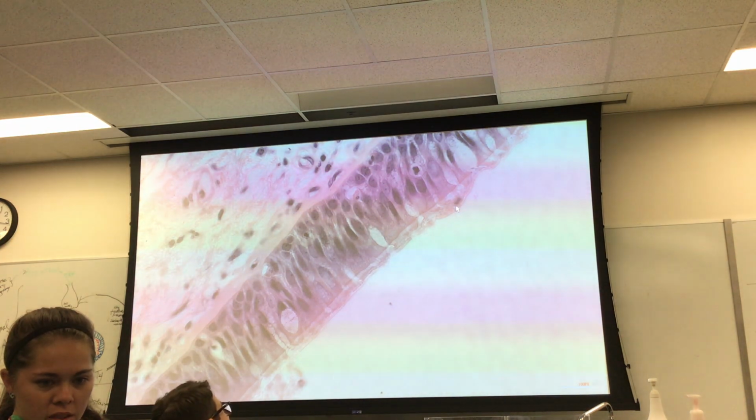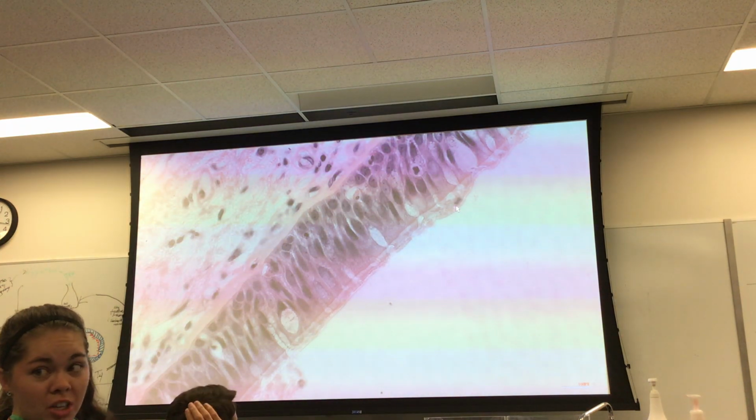So. All right, bear with me. Stereocilia is more widely distributed. There's a lot of colors. Yeah, like teal is kind of right. What's that one?